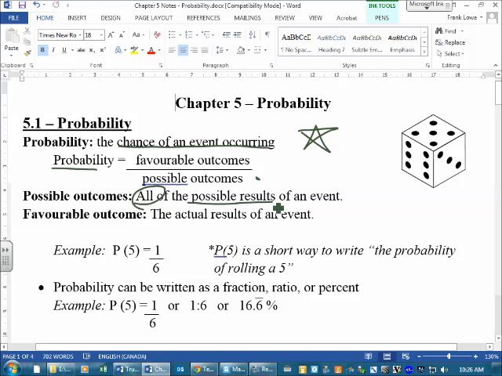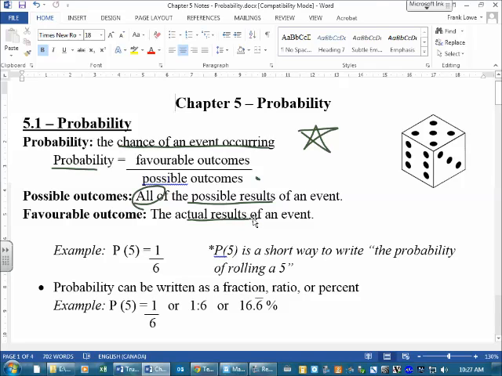So everything that could possibly occur, those are your possible outcomes. Favorable outcomes are the actual results, actually what is occurring. So possible outcomes is all of the results, all that could happen, and favorable are what actually does happen.